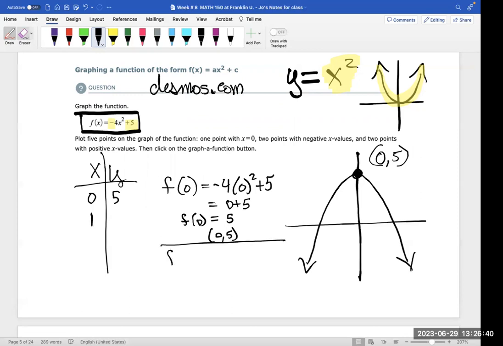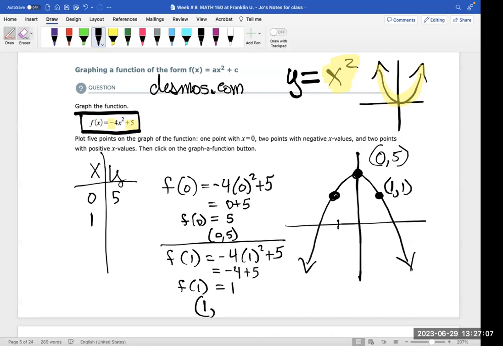If I pick a 1, f of 1, well, then I have -4 times 1 squared plus 5. -4 plus 5, that's going to be 1. So that means somewhere over here, oops, sorry, ahead of myself, this would be the point 1, 1. Because if my input is 1 and my output is 1, that means my x is 1 whenever my y is 1.